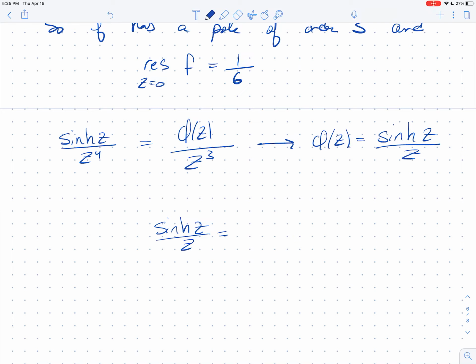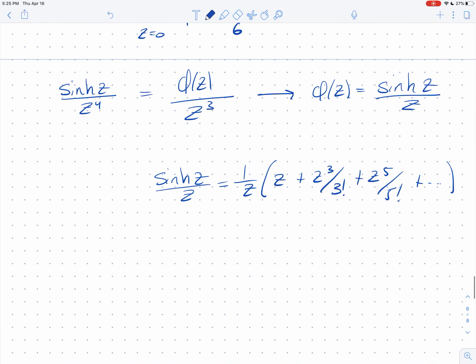Well, in fact, that's exactly what it is. Sinh z over z, when you look at the series for sinh, is 1 over z times z plus z cubed over 3 factorial plus z to the 5th over 5 factorial, and so on. You get 1 plus z squared over 3 factorial plus z to the 4th over 5 factorial, and so on. So you know how you should define sinh z over z at 0: phi of 0 is 1. When you plug in 0, the other terms are gone and you're left with 1.